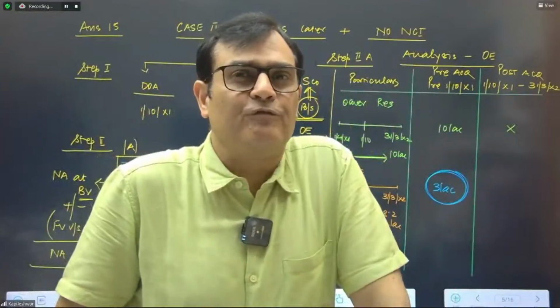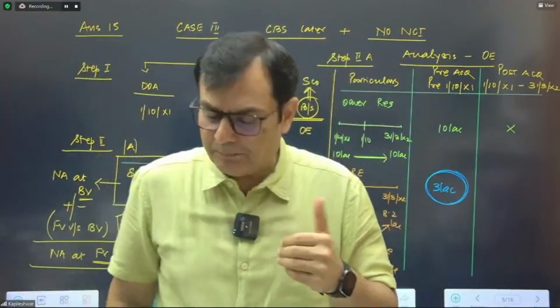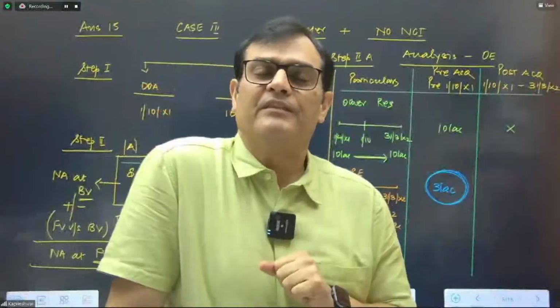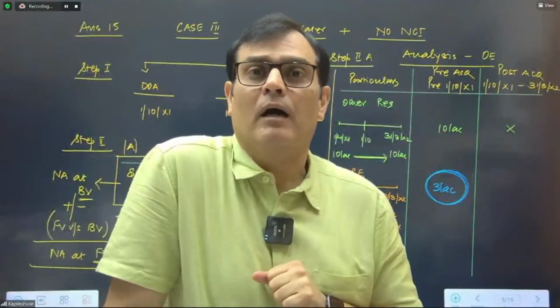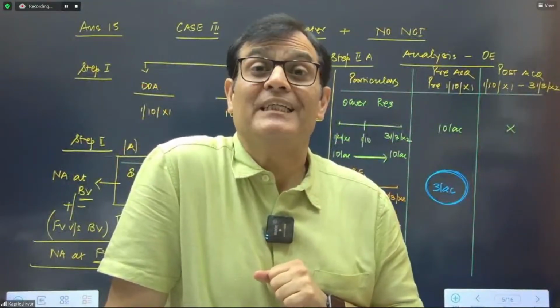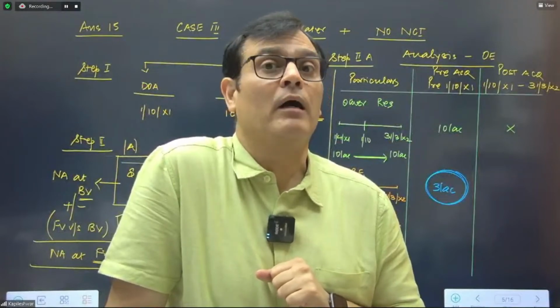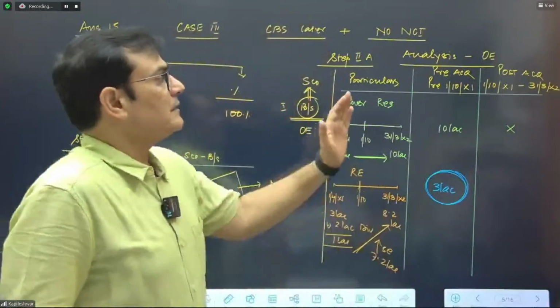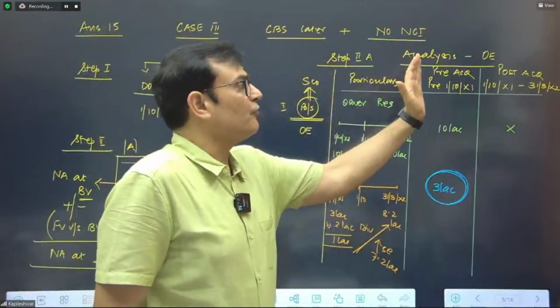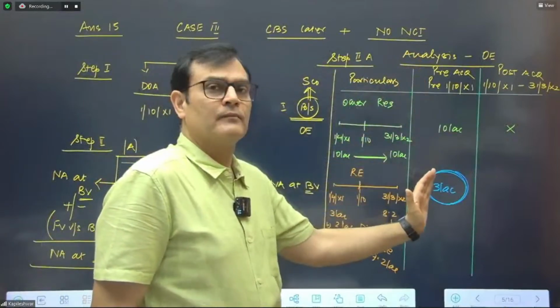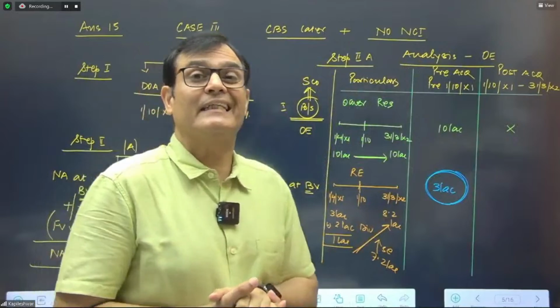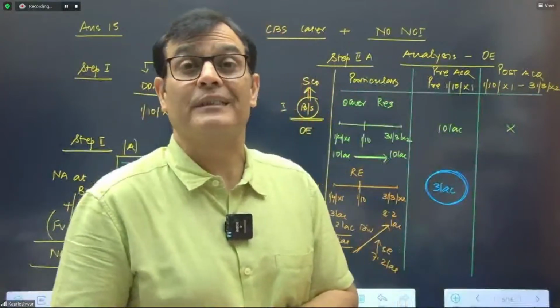Now you need to hear me very carefully. The company paid a dividend on 1st November. And this is the status on 1st October. I need to calculate the net assets on the acquisition date.